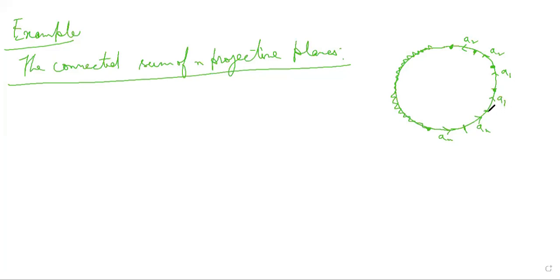So first, this is identified with this, right? So this point goes to here, and this point goes to here, in this direction. So this portion goes to this portion. Similarly, this portion goes to this portion.